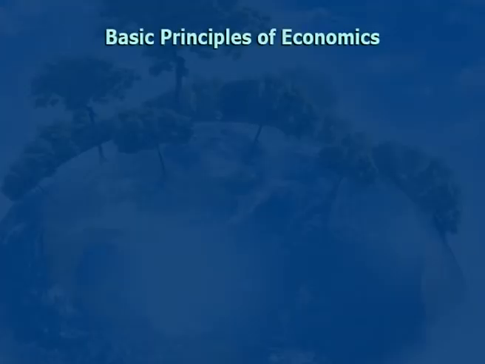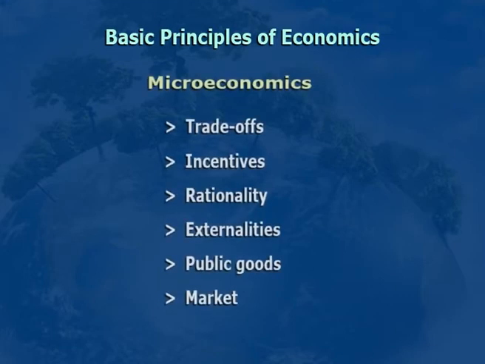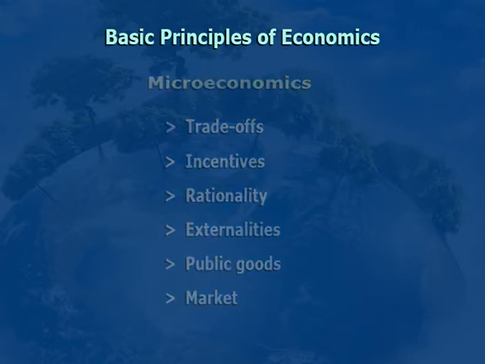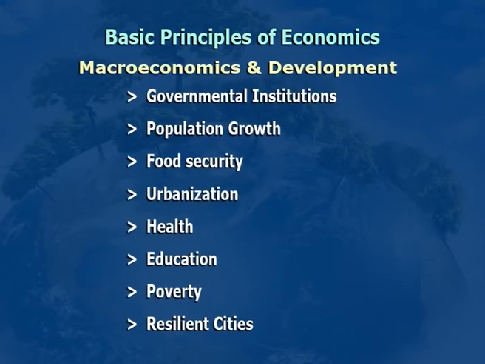The basic principles of economics and its hardcore micro-macroeconomics, such as trade-offs, incentives, rationality, externalities, public goods, market, governmental institutions, population growth, food security, urbanization, health, education, poverty, resilient cities have been embodied rigorously in the analysis of environmental problems and policies.